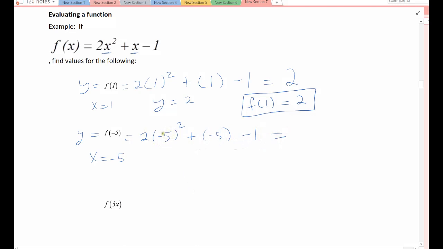I am multiplying negative 5 by negative 5, so 25 times 2, which is 50, minus 6, so 44. Or again, you can plug it into the calculator. So the y value is 44. The x value negative 5 is paired with the y value 44, so f of negative 5 equals 44.